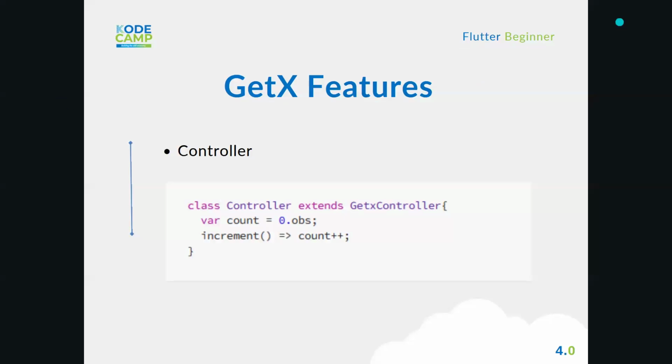Okay, so some of the features of GetX. We have what we call a controller. From the literal meaning of a controller, something that controls, controllers are the core of GetX. They manage the state and the business logic of your application. Where you have to write a function that will do something, you don't write it in the UI.